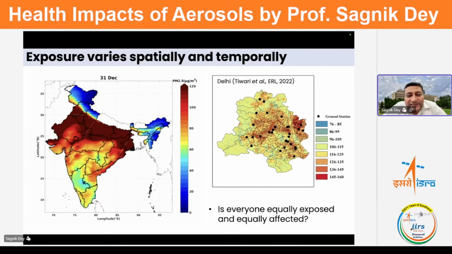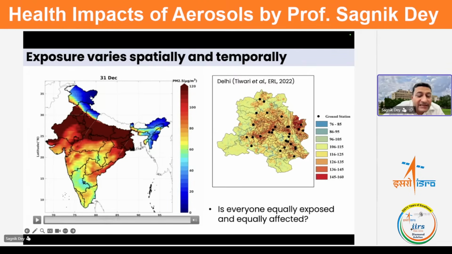So this is your seasonal cycle, very well understood. But when you look at this kind of satellite-derived product, you get much more confidence in your data product. And of course, you can see that unless you live in the Himalaya, you are not really breathing clean air anywhere.